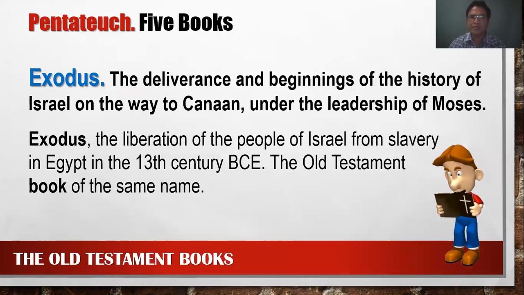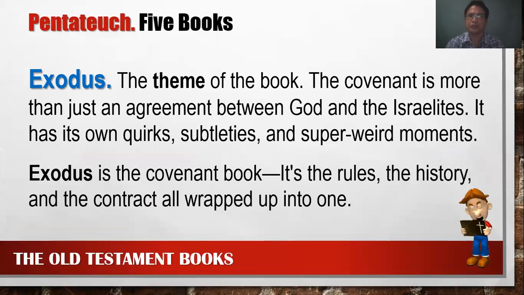Exodus is the covenant book. It's the rules, the history, and the contract all wrapped up into one.